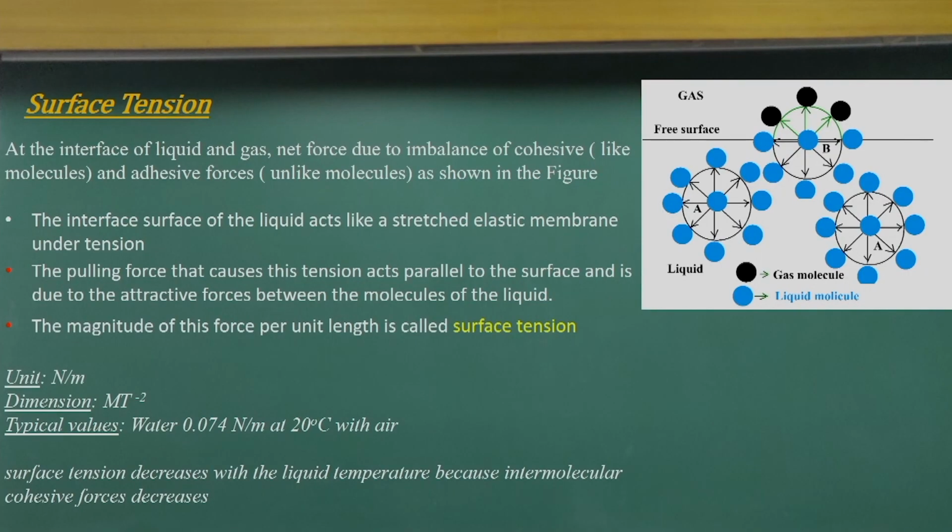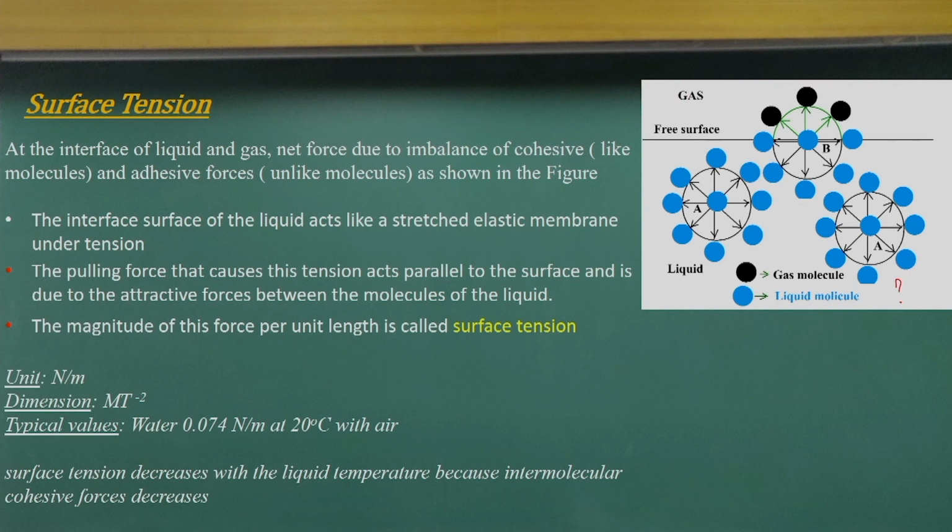Let us discuss another property of the fluid, which is surface tension. As the name implies, it occurs at the interface of two liquids, or a liquid and a gas. If you look at this figure, I have the liquid molecules, this is the free surface, and I have the gas.